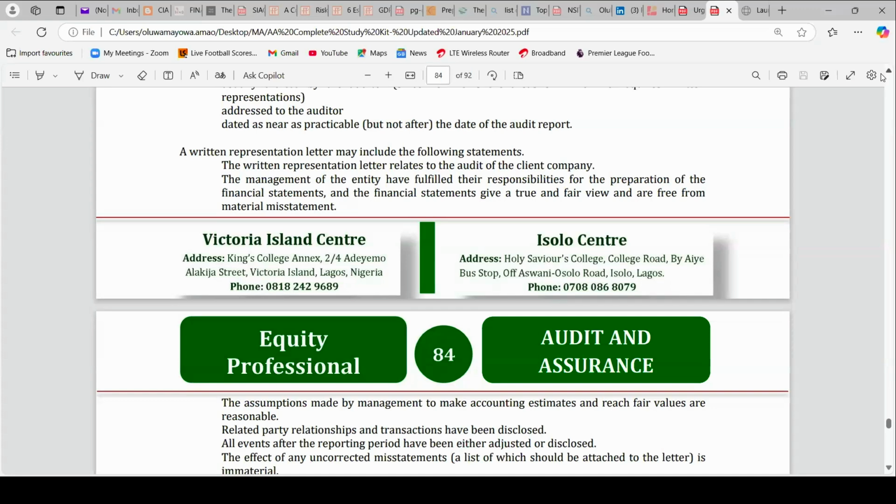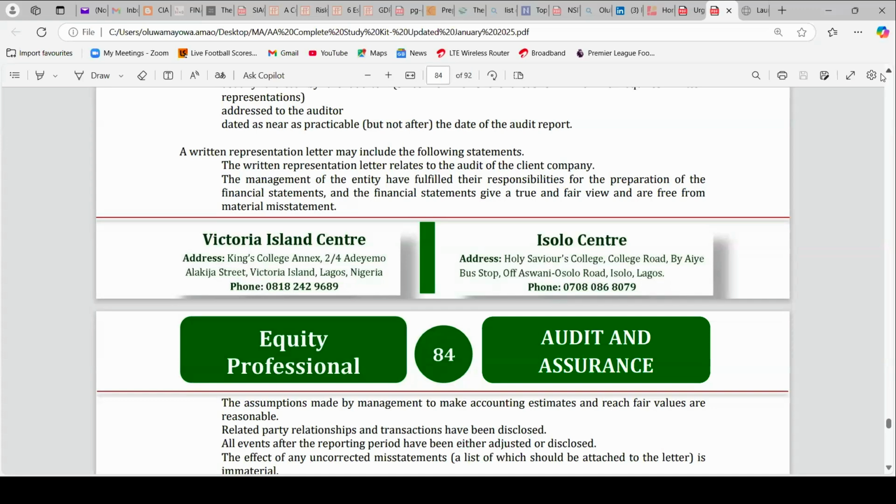So in that written representation, whether it's trying to give clarity on expenses, or on any audit evidence that the auditor is asking for support on, or any issue at all, there should be a statement that covers the responsibility of management for preparing financial statements.